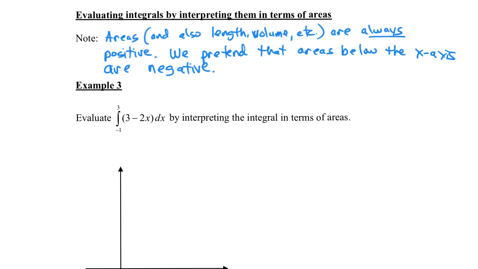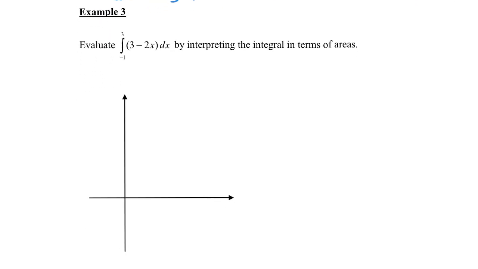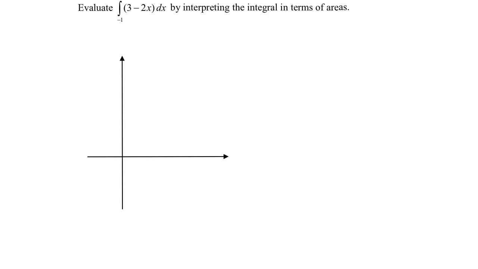As an example, if this curve goes below the x-axis, then we're going to calculate that area and act like it's a negative number. Then when we combine the two, we'll get the answer to this integral and it will be right. But just to check, let's check this one.